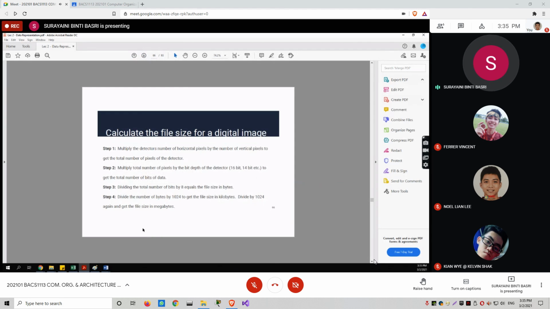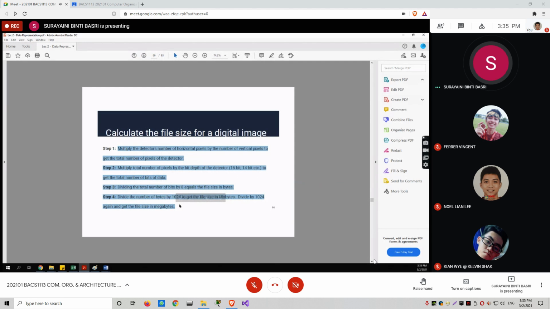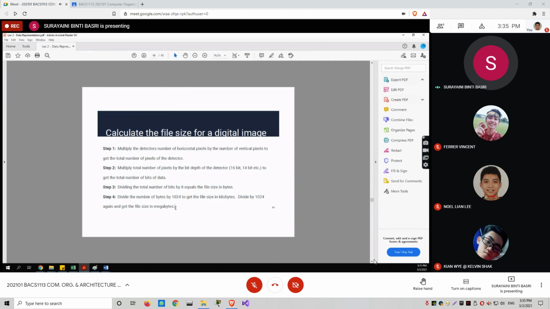Okay, so this is the way we can calculate the file size of the digital image. So this is the step. But if you read this step, you will get dizzy because it is too theoretical.